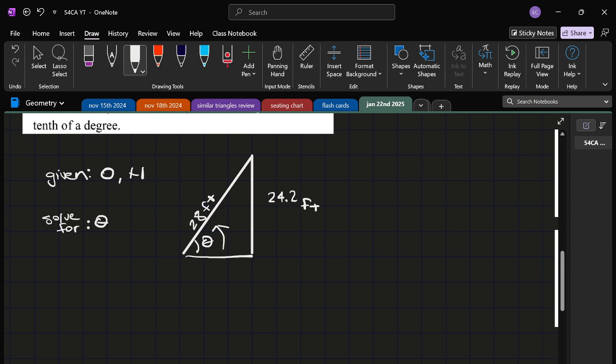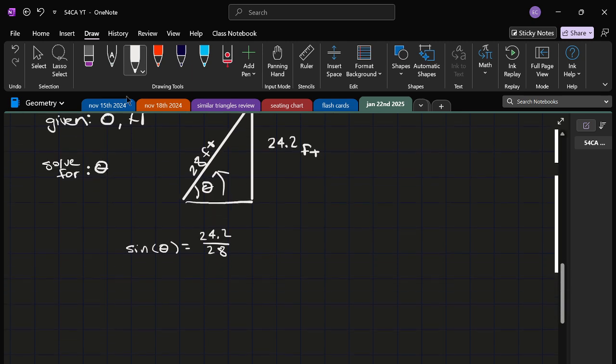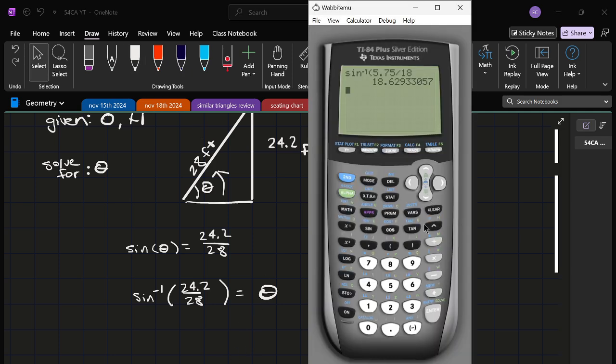So like the last one, sine theta is equal to 24.2 over 28. Then just like the last problem, it's inverse sine. That'll give us our angle, which is 59.8 degrees.